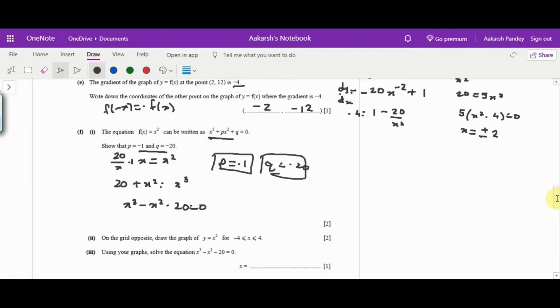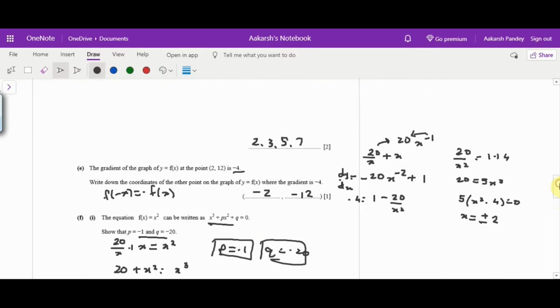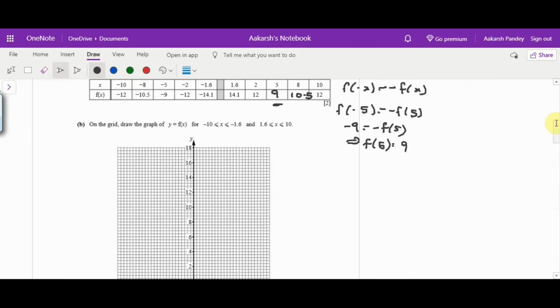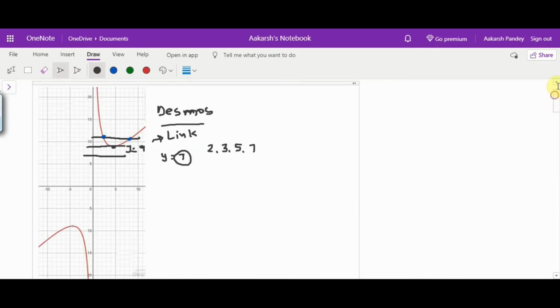Next they have asked us to draw the graph of y equal to x square for x less than or equal to 4 and greater than or equal to minus 4. So on this very graph I'll just make a very simplified freehand drawing of y equal to x square.